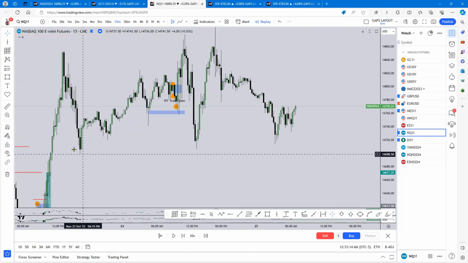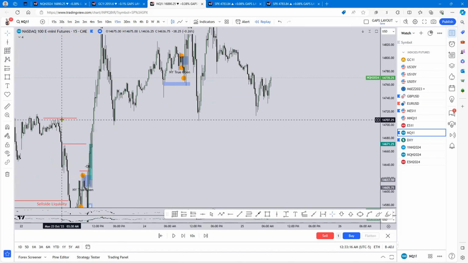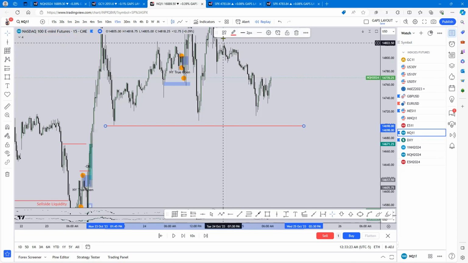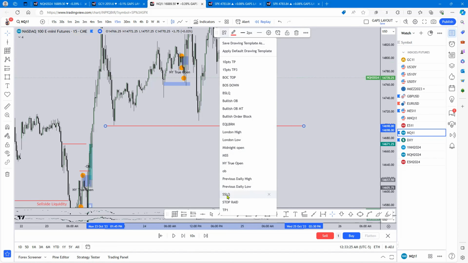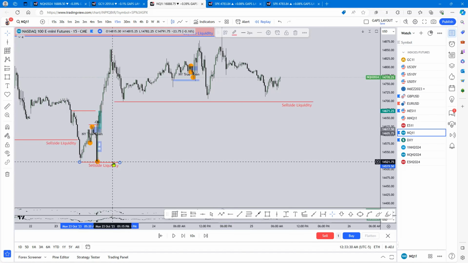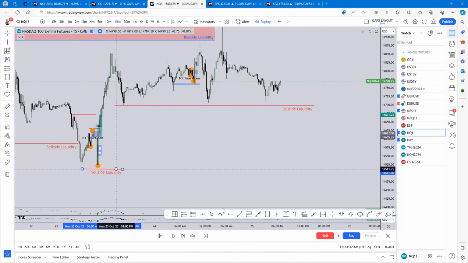So you see we left these equal lows here. So lots of sell side underneath here. Right. Sell side liquidity. And then we also have sell side left here.